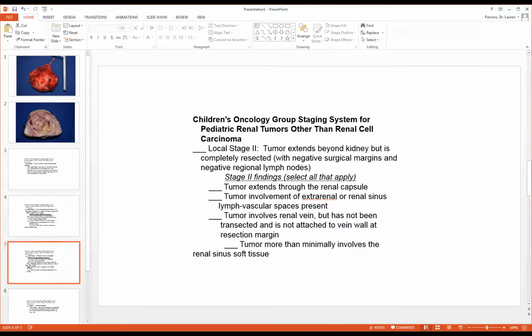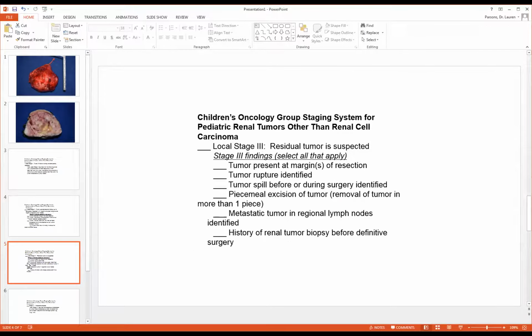Now, stage 3 tumors, essentially you can think of it as any situation where there's tumor left in the body. So you have a positive margin, you have rupture of the tumor at the time of surgery, or you have spillage of tumor during the surgery. If the tumor gets removed in multiple pieces, if the tumor is previously biopsied, or if you find tumor in lymph nodes.